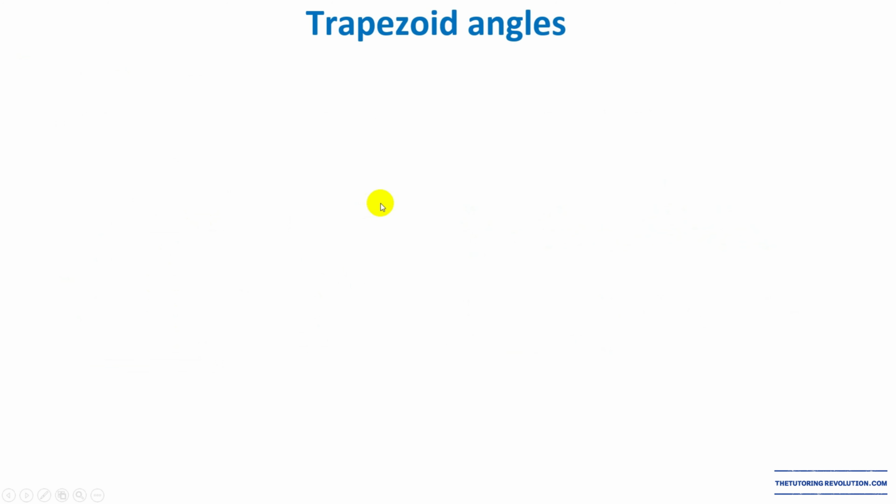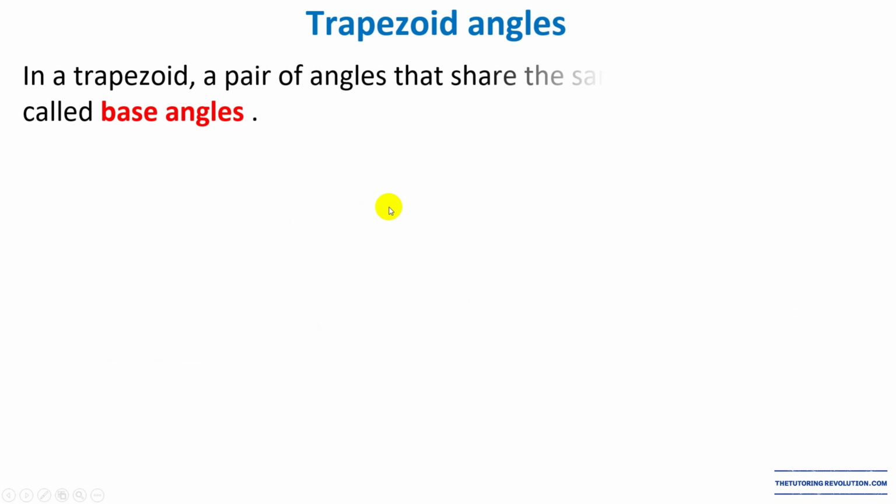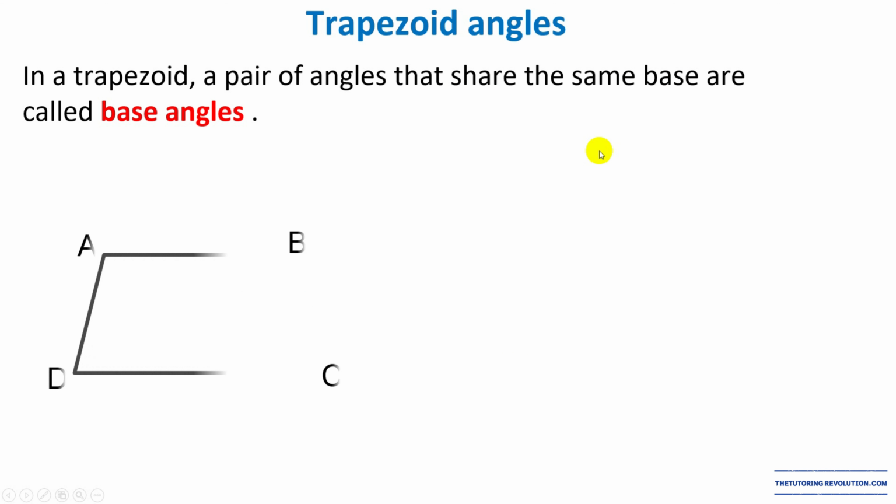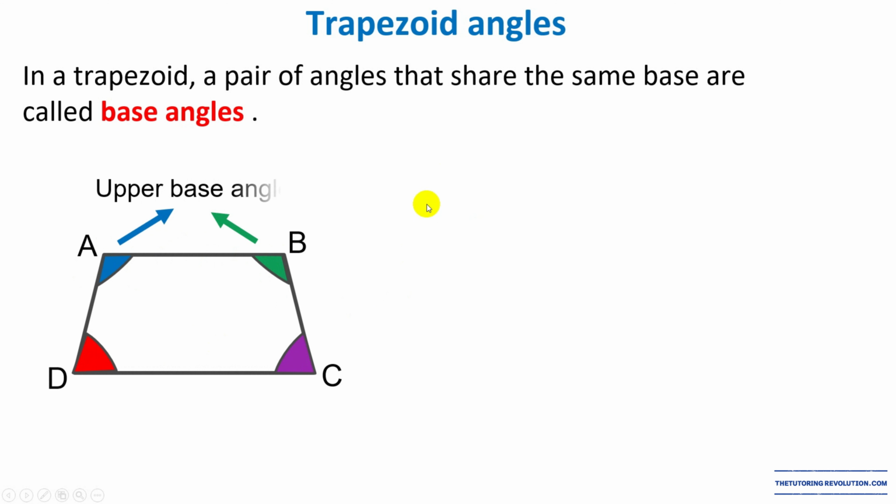Now let's talk about the trapezoid angles. In a trapezoid, a pair of angles that share the same base are called base angles. So right here we have trapezoid ABCD. We draw four angles here. So A and B would be the upper base angles.